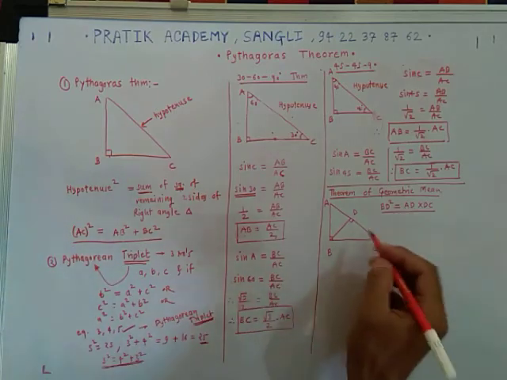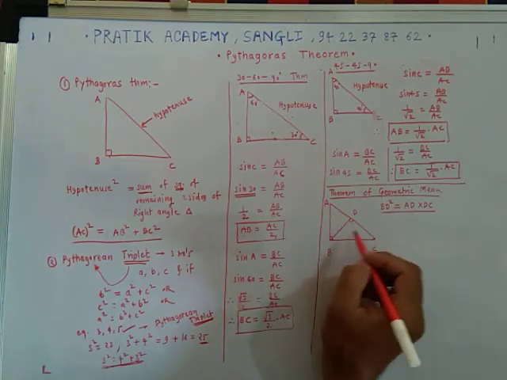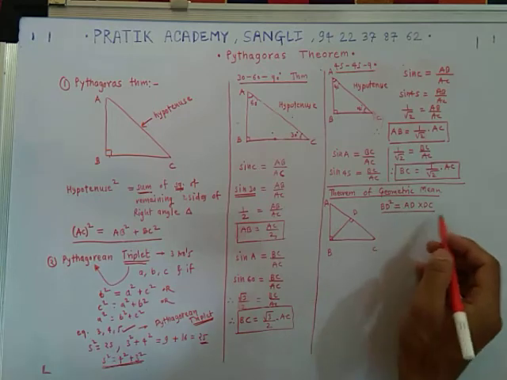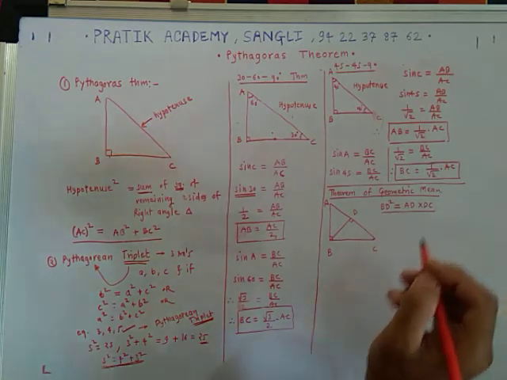Okay, BD square is always equal to AD into DC. This is called the theorem of geometric mean.